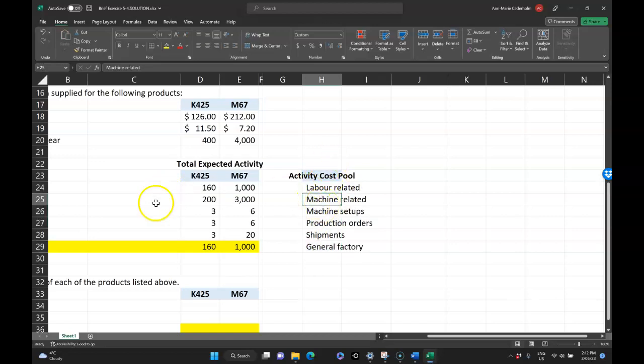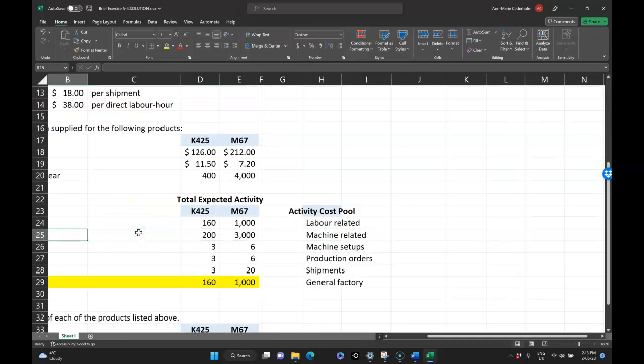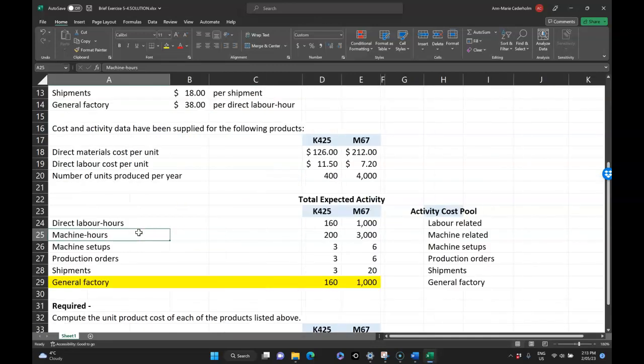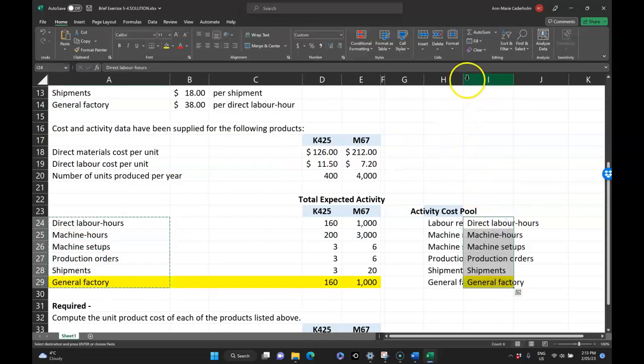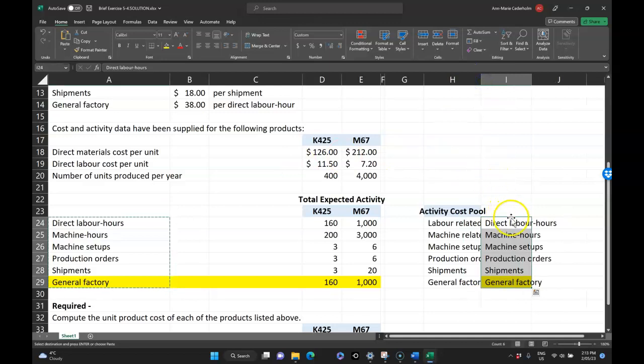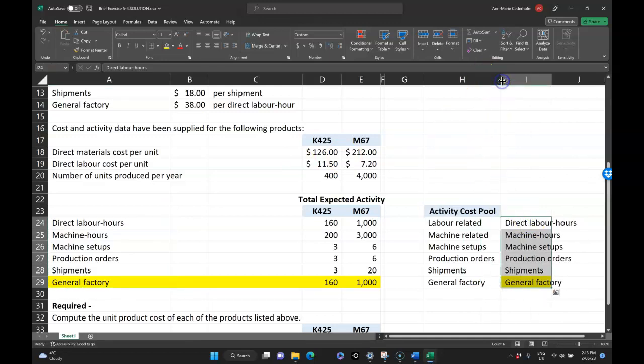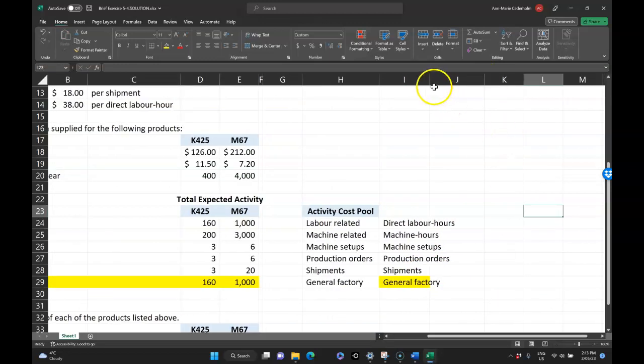So I've got my activity cost pools, and then I want to see how they are being measured. So that's the measurement. So I'll put that right beside there. And now I'll line up my 2 products, K425 and M67. And now I'm going to do step 7.